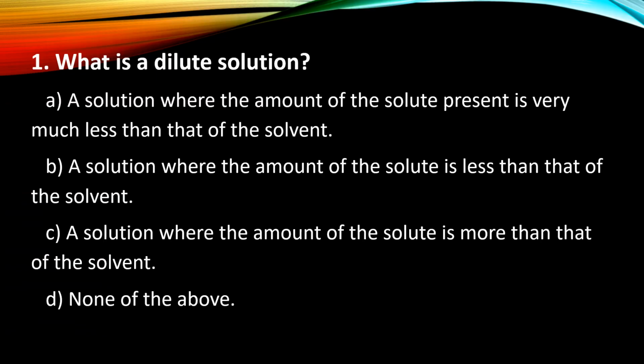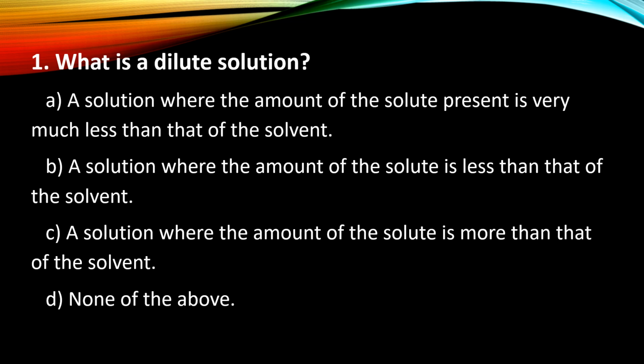So here is the first question, students. Question number 1. What is a dilute solution? Here are the options, students. A. A solution where the amount of the solute present is very much less than that of the solvent.